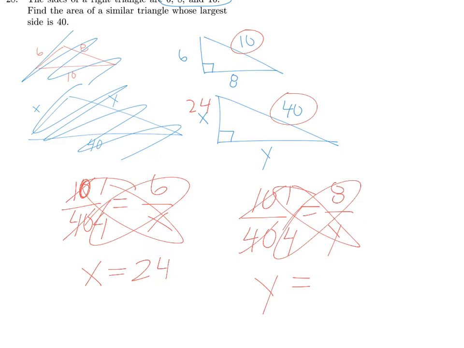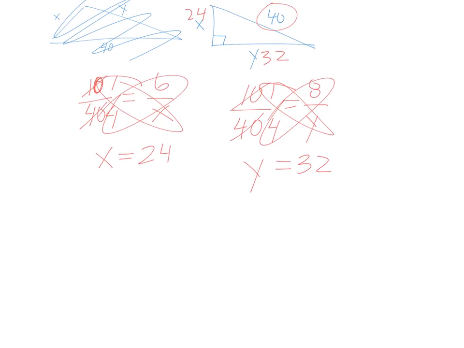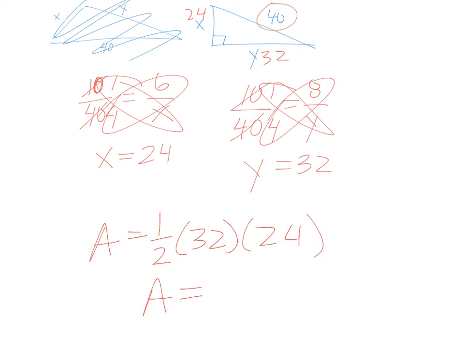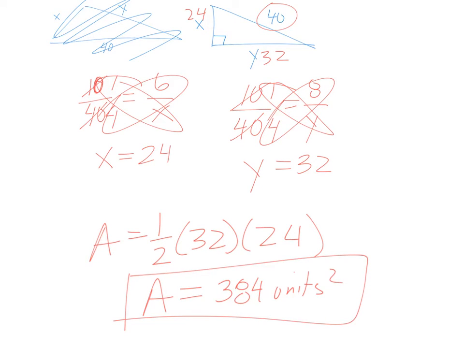So I have Y is equal to 32. All right, so the area of this bigger triangle is 1/2 base 32 times the height, which is 24. So the area is 384 units squared. Done.